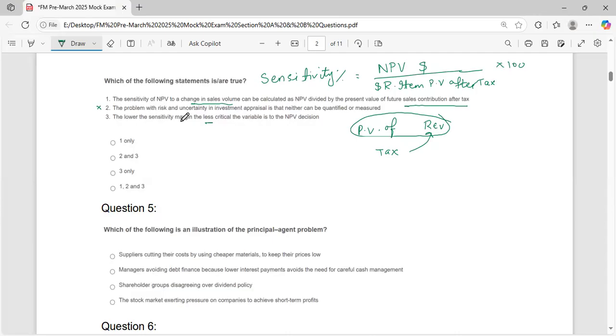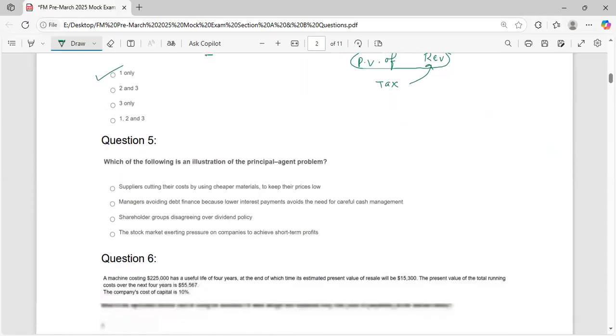Similarly, if variable cost changes by 3%, it can lead our net present value to zero. It is critical. So apparently this also looks incorrect. Only statement number 1 looks like the correct option.